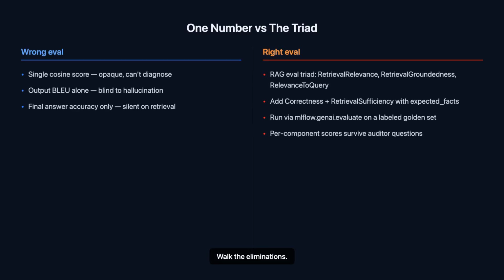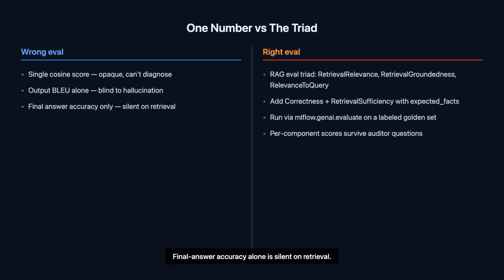Walk the eliminations. A single cosine score is opaque. When it drops, you don't know whether retrieval found the wrong documents or the generator drifted. Output BLEU alone is blind to hallucination. Final answer accuracy alone is silent on retrieval.